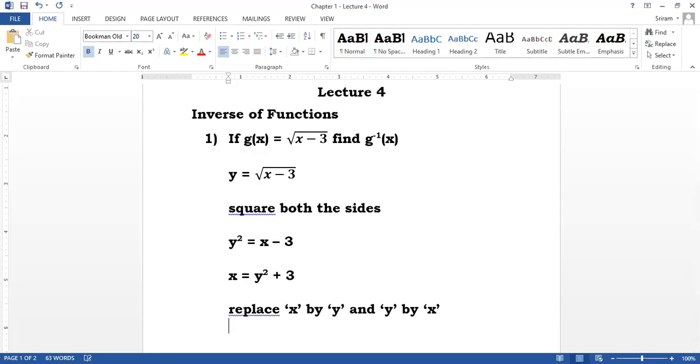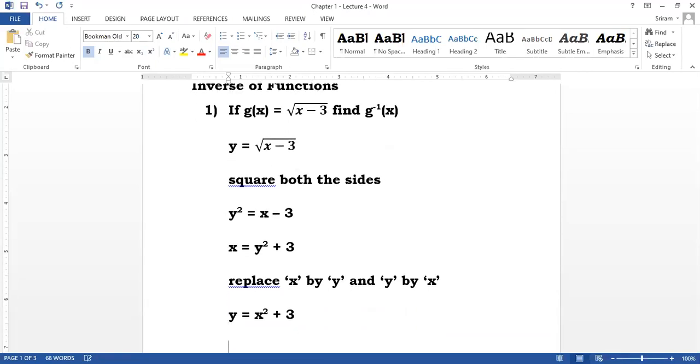So what will happen now? Y is equal to x squared plus 3. This y is called g inverse of x.